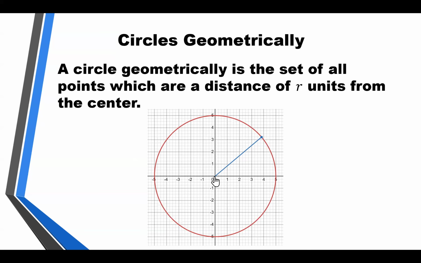So every single point on the circle is 5 units away from the center. And then we can move that around.